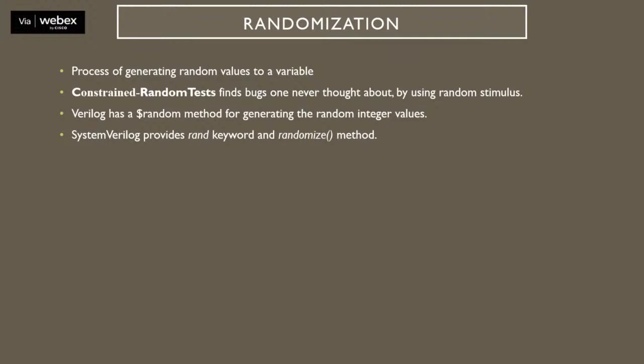When you go for randomization, how do we randomize? That becomes the question. In Verilog, you had the $random method for generating random integer values. In SystemVerilog, you have the keywords rand and randomize, which help us in randomizing.